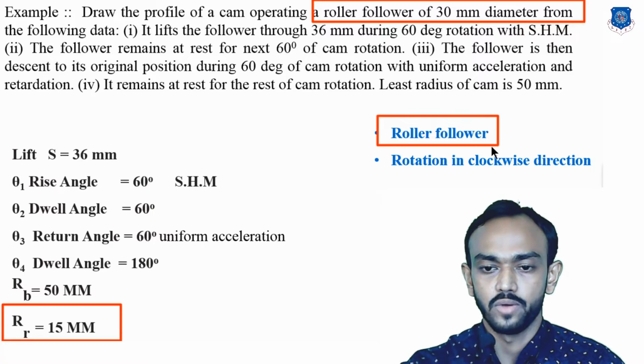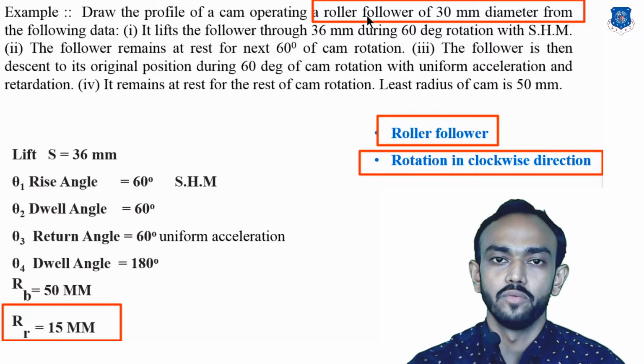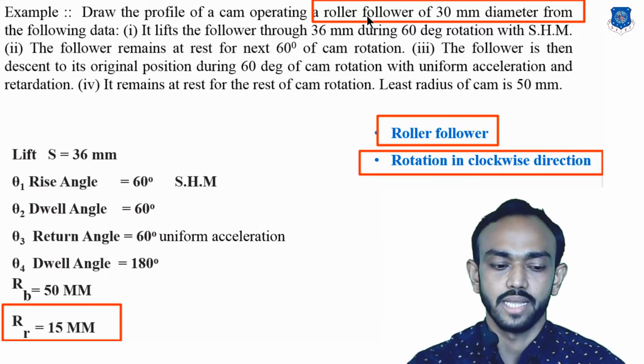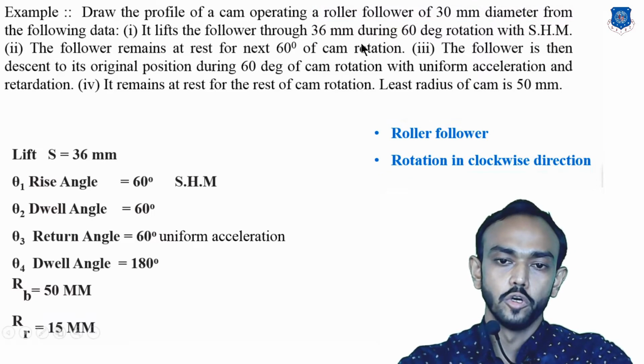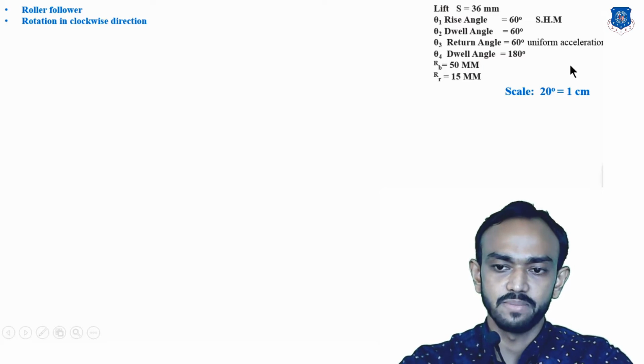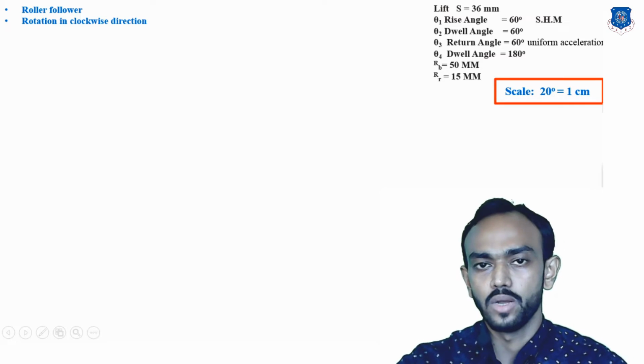It is a roller type follower, and the rotation is not given in this data, so we will assume that the cam is rotating clockwise, so we will draw the cam profile in an anti-clockwise direction. So this is the given data. Now we are going to draw the displacement diagram, and in the displacement diagram the scale is always 20 degree equal to 1 centimeter.